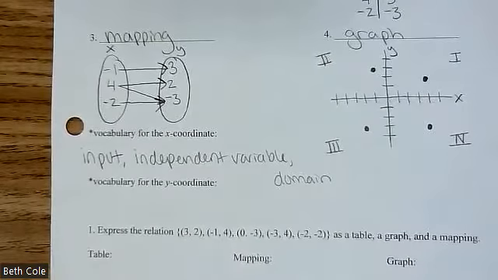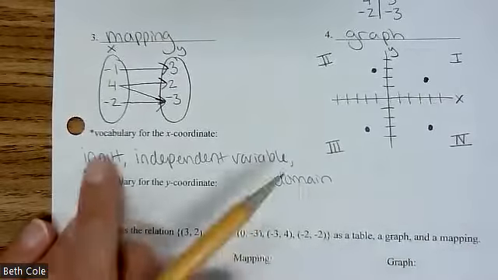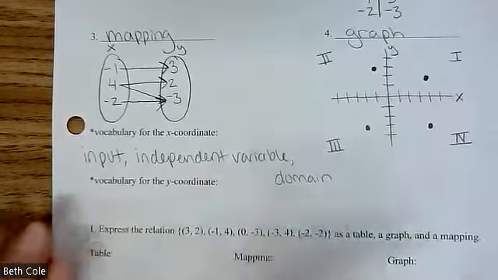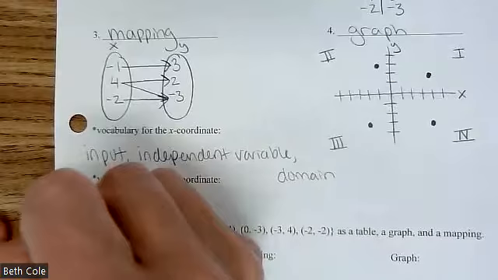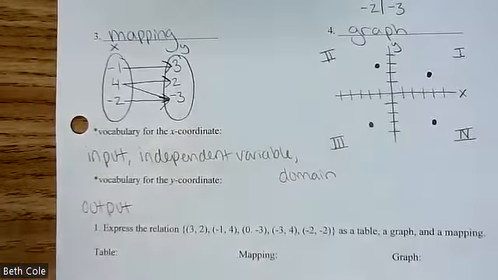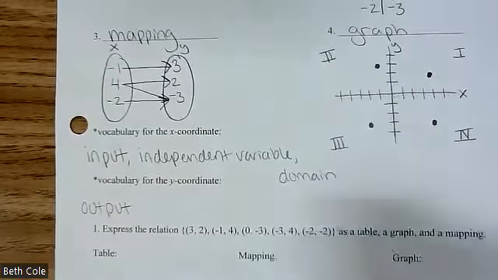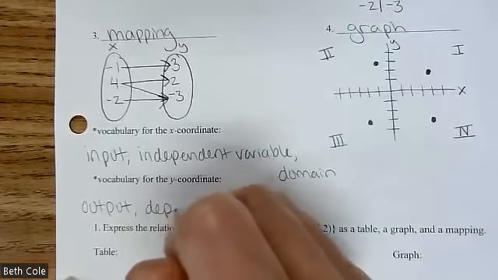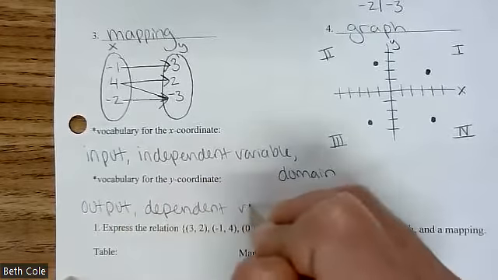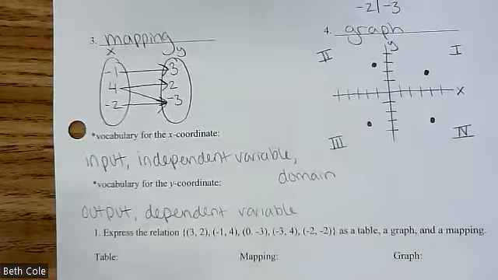I was hoping that this lesson would be a really simple, quick one, like you've seen this. So if we relate it to the y coordinate, instead of input, it would be output. Like you input x, you get back y. And it would be the dependent variable. So y depends on x.